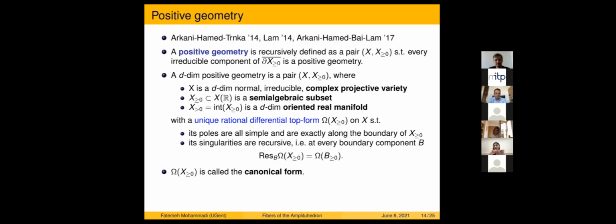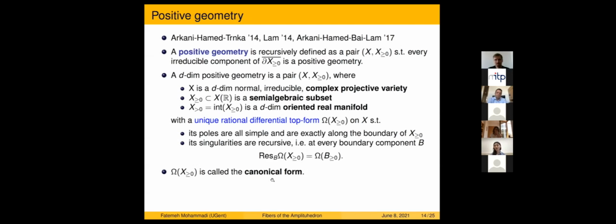Every irreducible component of the boundary is a positive geometry by definition, so you look at these irreducible components, which have their own top degree rational form, and you can compute the canonical form of the component by taking the residue of the canonical form of the original object along this boundary.